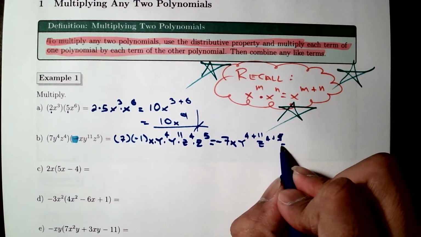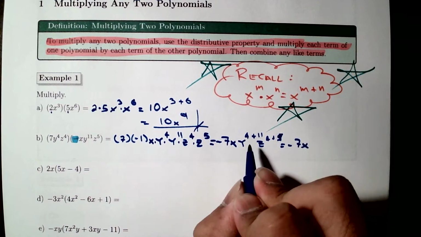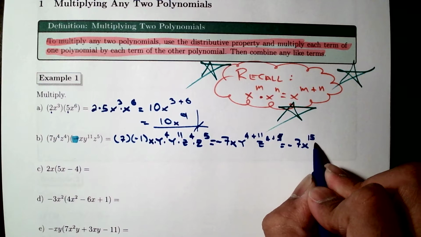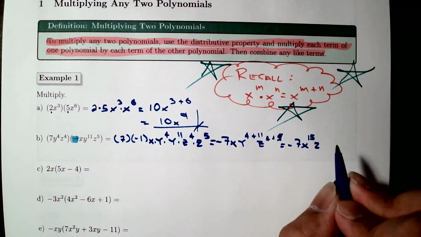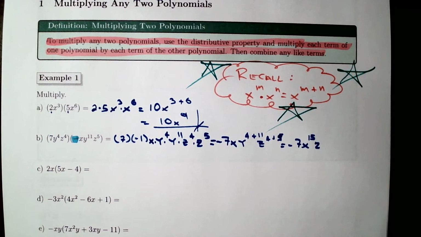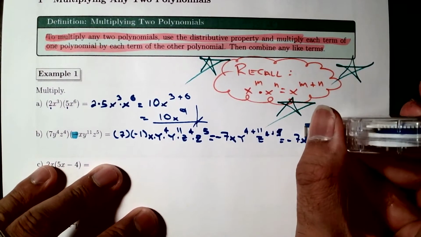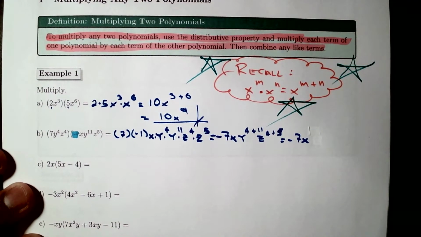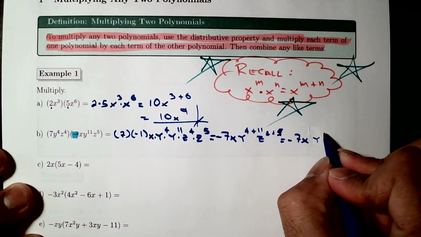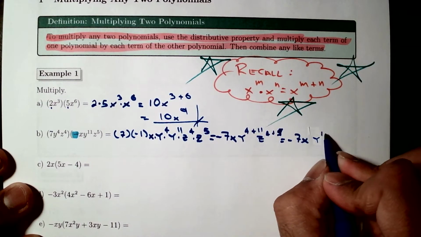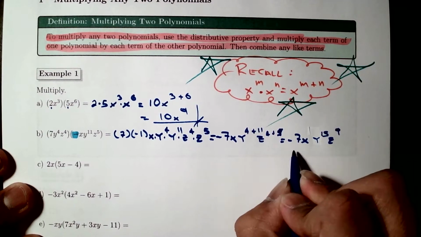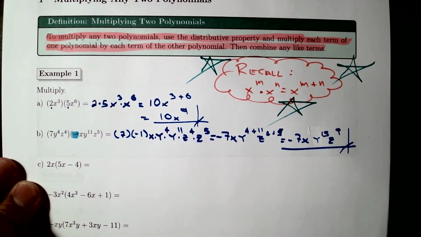That equals -7x, y to the 4 plus 11 equals 15, and, silly mistake here, this was not supposed to be x to the 15th power, so that's simply x, and then y to the 15th, and z to the 4 plus 5, which equals 9. Okay, final answer.